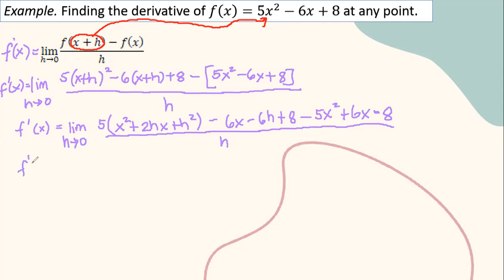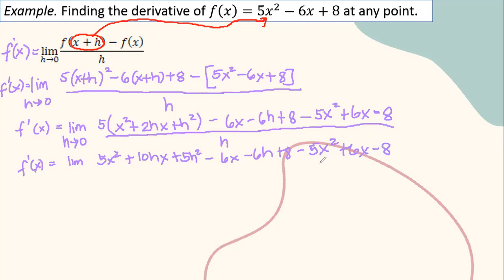So further simplify, that becomes the limit of 5x squared plus 10hx plus 5h squared minus 6x minus 6h plus 8 minus 5x squared plus 6x minus 8.